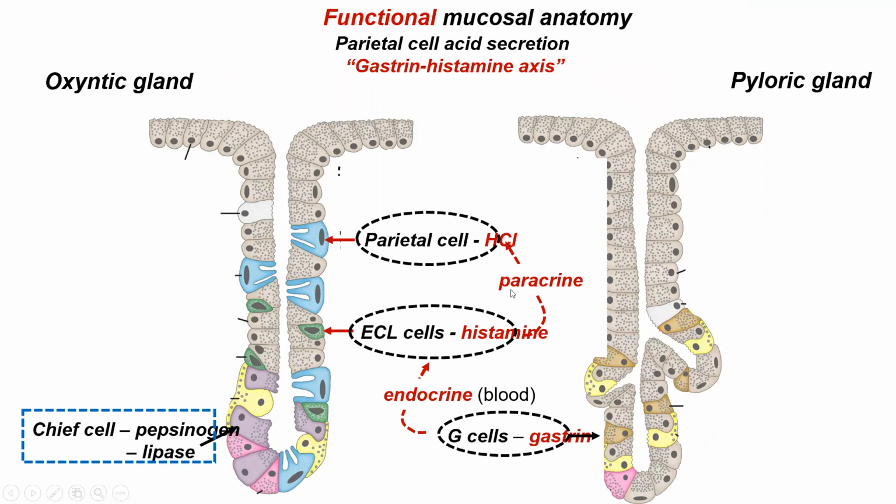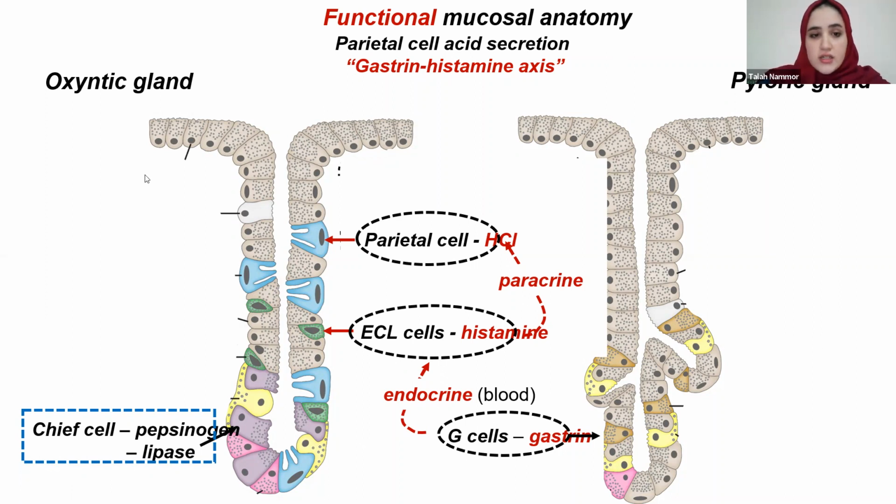So it's basically a pathway? Yeah, it's a pathway, exactly. So the G cells do not inhibit anything? They activate. Gastrin, the G cells, yeah, they activate. Okay, thank you.